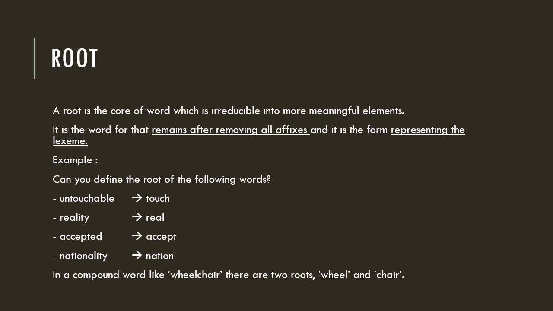Now let's find out about root. Root is the core of a word which is irreducible into more meaningful elements. So root is the smallest meaningful element of a word. How can we get the root? To get the root, we need to remove all affixes.